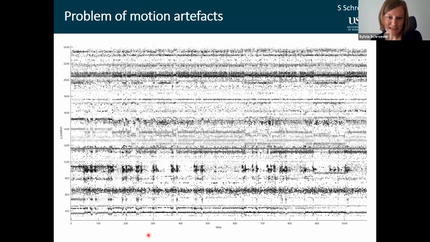But even completely lost you would be if you only had a few channels recording from those neurons in the brain, and you would lose the neurons, and maybe you wouldn't even notice, because how do you know whether the neuron stops spiking or just vanishes from your probe? So this is really great about Neuropixels, I think.